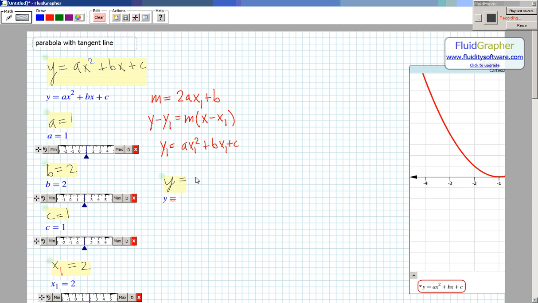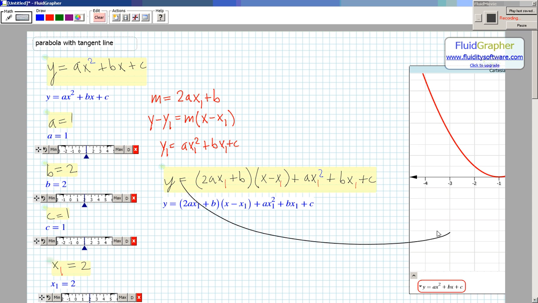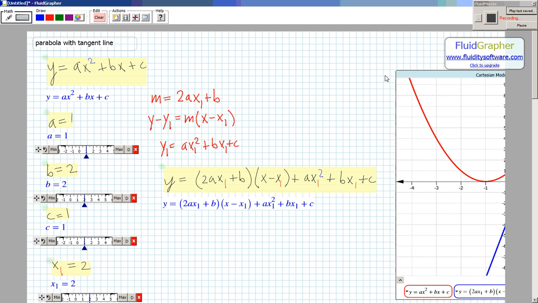y equals... okay, so my general equation for the tangent line.